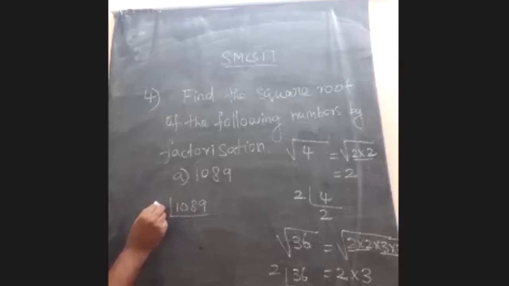So this is divisible by 3. 3 threes are 9. Remainder 1. 6 threes are 18 and 3 threes are 9. Then again we can divide this one by 3. Now 1 three is 3. 2 threes are 6, 1.